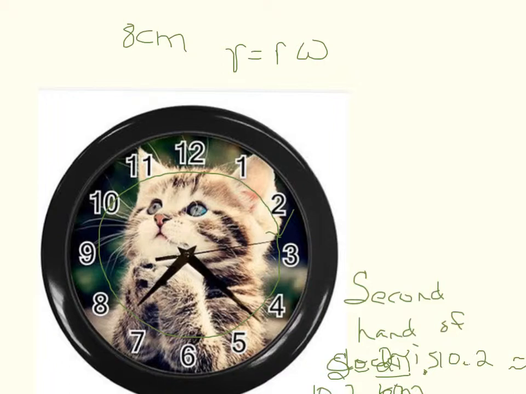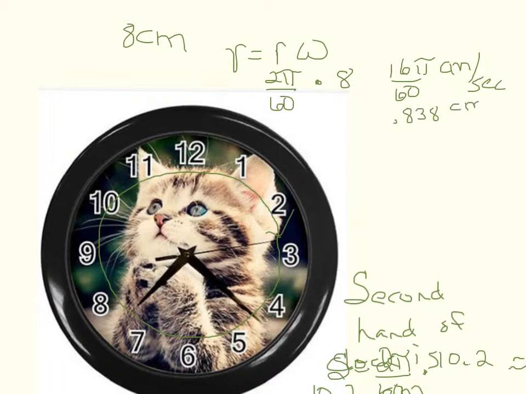And how long does it take to go 2 pi? 60 seconds. And our radius is 8. And so we get 16 pi over 60, which is approximately 0.838. Okay, so 0.838 centimeters per second would be the linear speed.